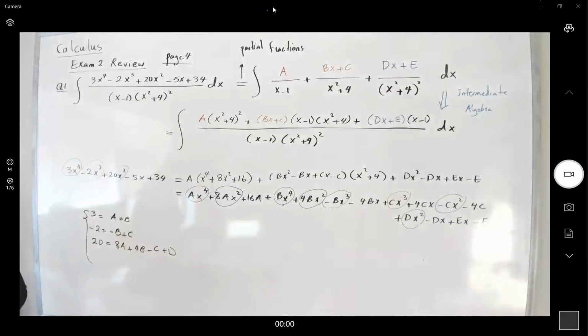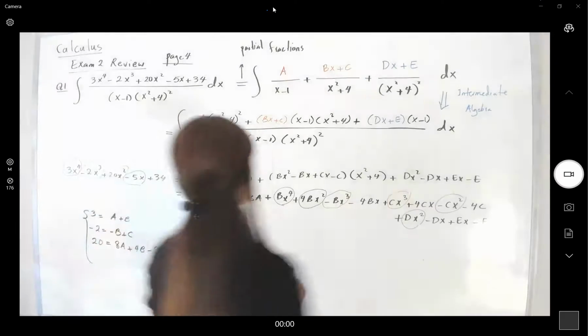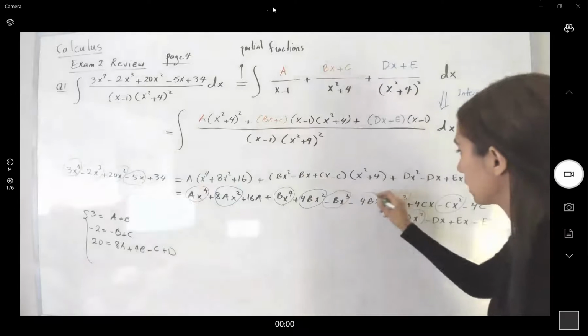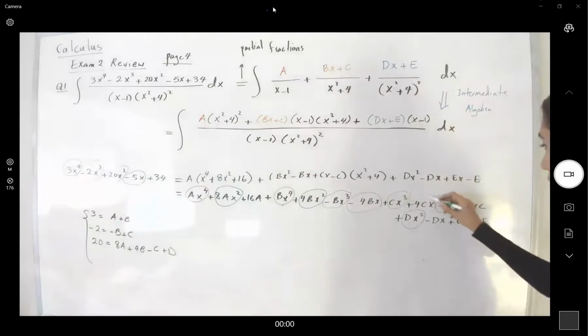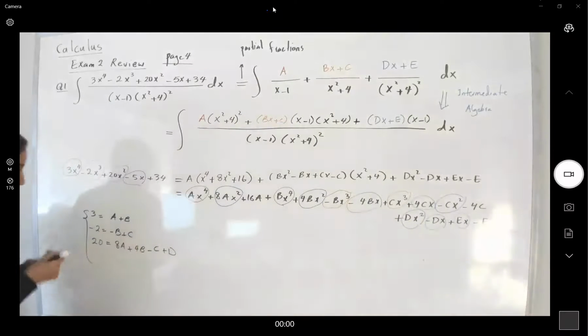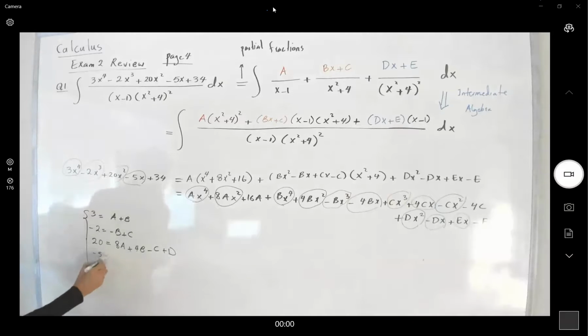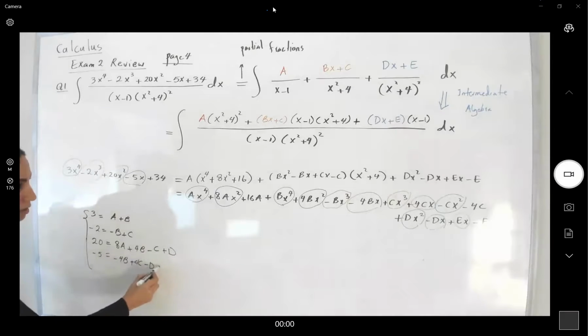For our linear term, we have -5x on the left, and on the right, we have -4B, 4C, -D, and E. So -5 is equal to -4B plus 4C minus D plus E.